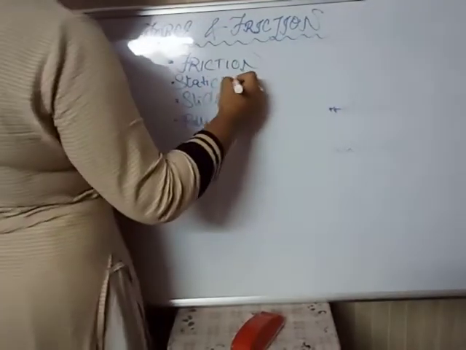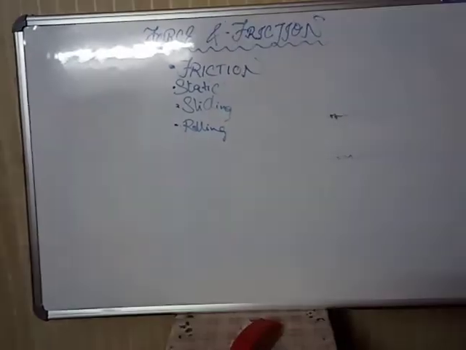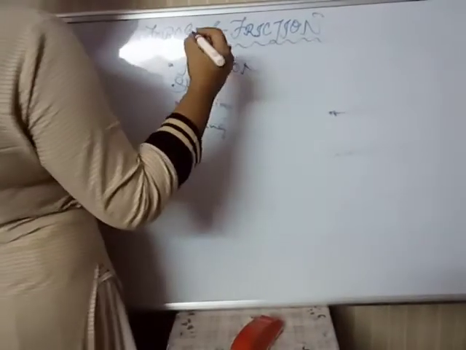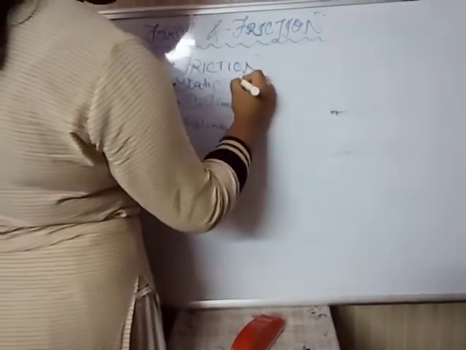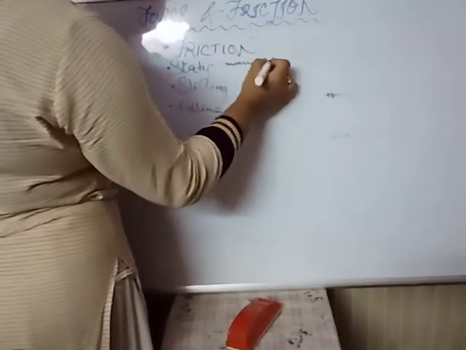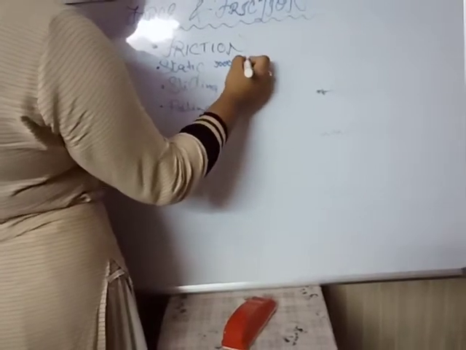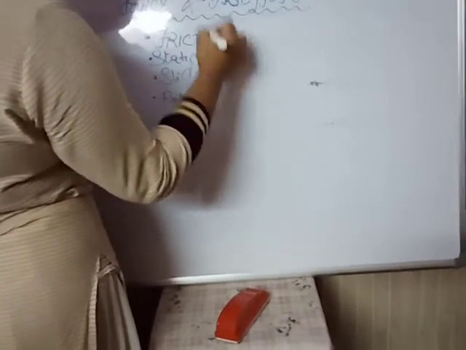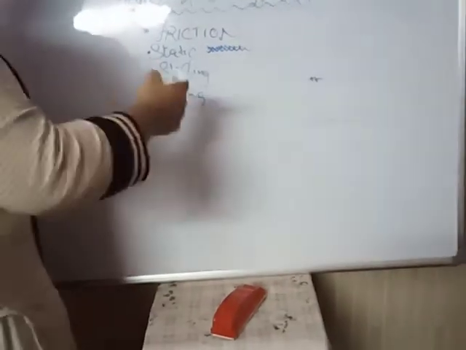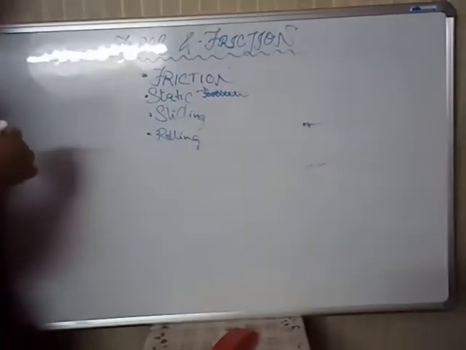Suppose a machine or a wheel is at rest on the floor. The machine has this kind of grooves. The floor also has this kind of grooves. The grooves are attached. So to move the machine, we will need a high amount of force.